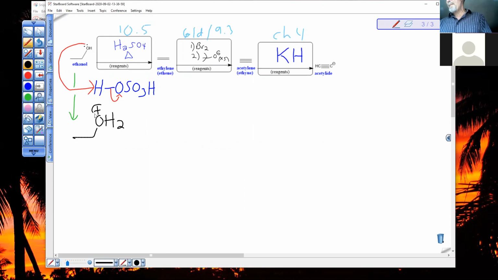Now, when we're talking about dehydration of alcohols in section 10.5, there's two main options after this. Let's copy down our conjugate base. The two main options are an E1 mechanism, which would have to go by way of a carbocation.